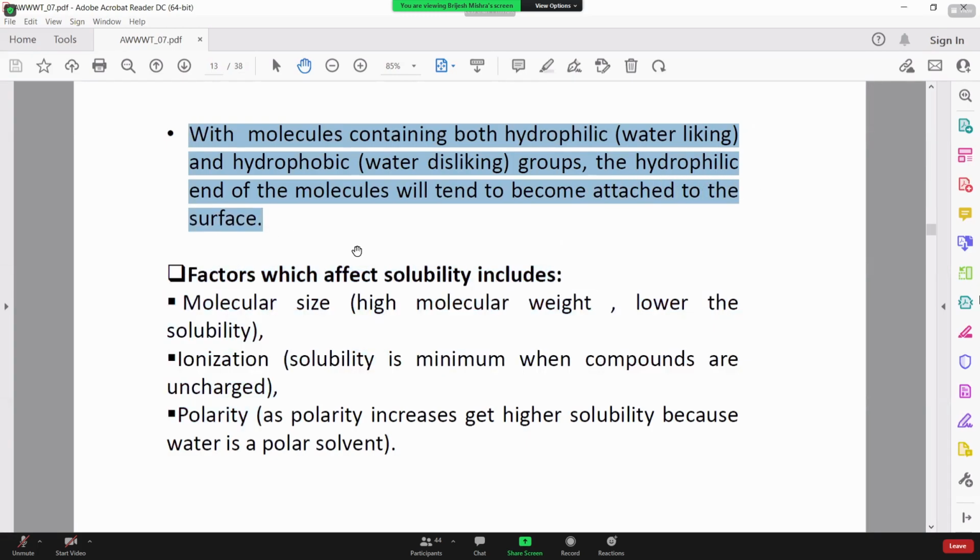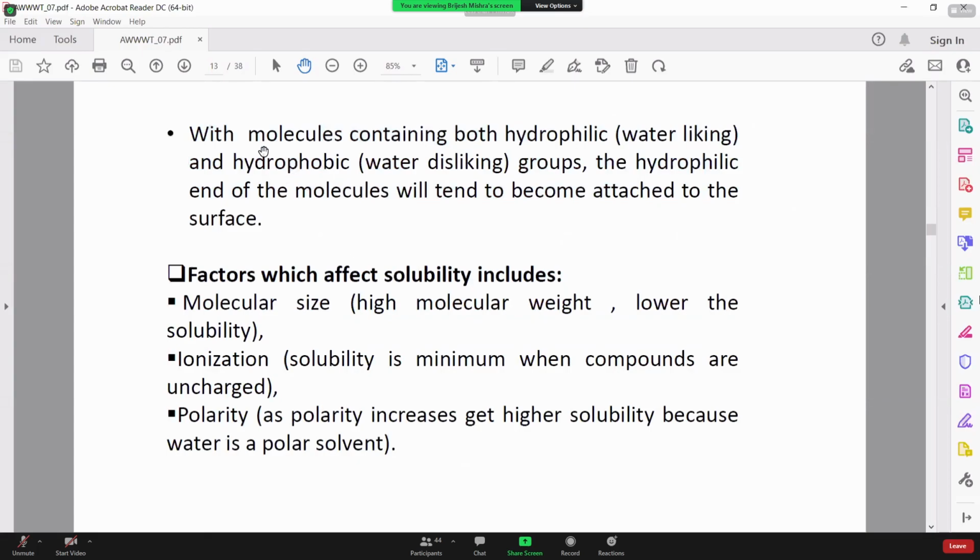And that's why it is very tough to find or develop an adsorbent which is hydrophobic. Factors which affect solubility include molecular size: the higher the molecular weight, the lower the solubility.